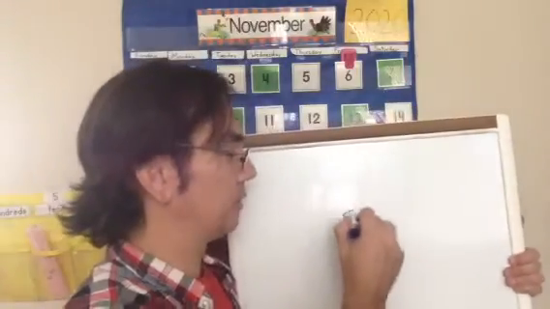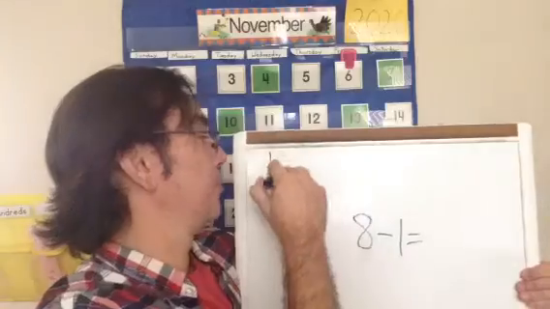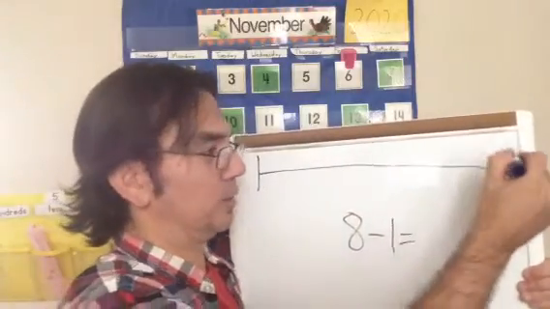Count back. Now, what about if I wanted to use a different number? Because all I've been doing is 9. Does this work with other ones, do you think? Like what if I had 8? What if I did 8 minus 1? Well, let's draw out this number line and see.